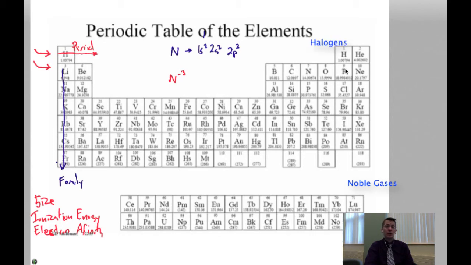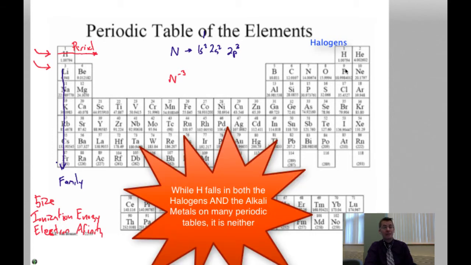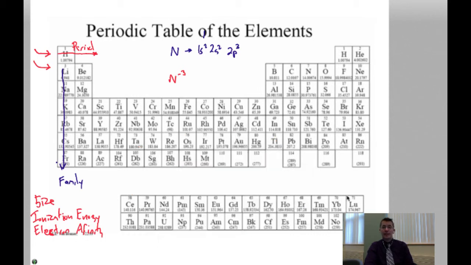And those are our four of the named families. These are actually called the chalcogens and the pnictogens. These are transition metals. These are the lanthanides. And these are the actinides. The only four you really should concern yourself with are the alkali metals, alkali earth metals, halogens, and the noble gases.